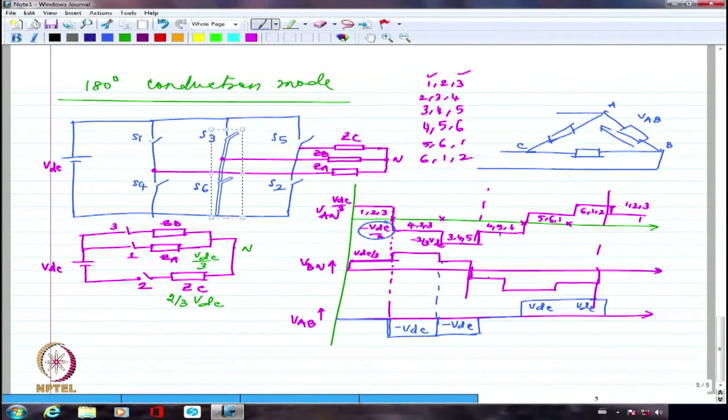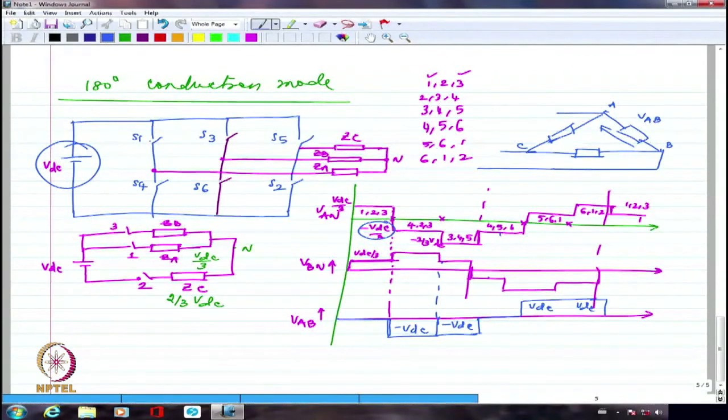Right? Now, so far whatever we have seen, whether it is three phase or single phase, all of them essentially have the output as a function of VDC. Right? Either VDC by 3 or 2 VDC by 3 or whatever.